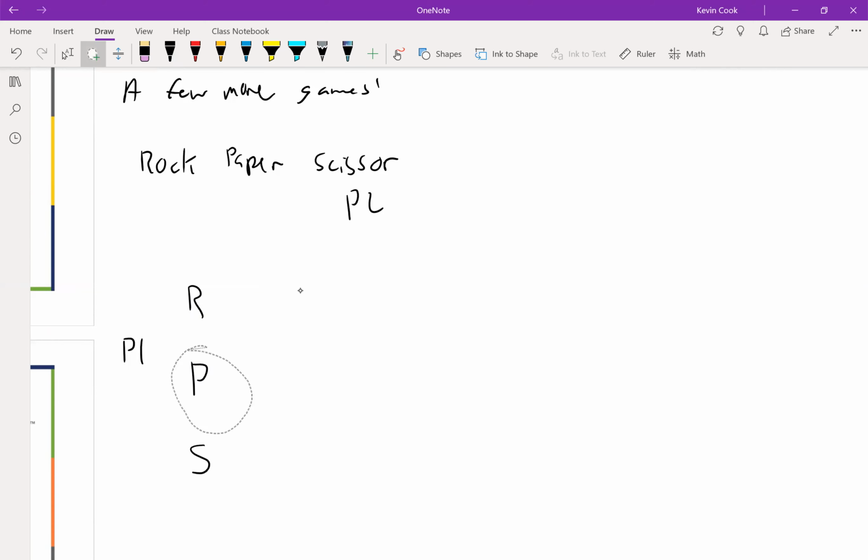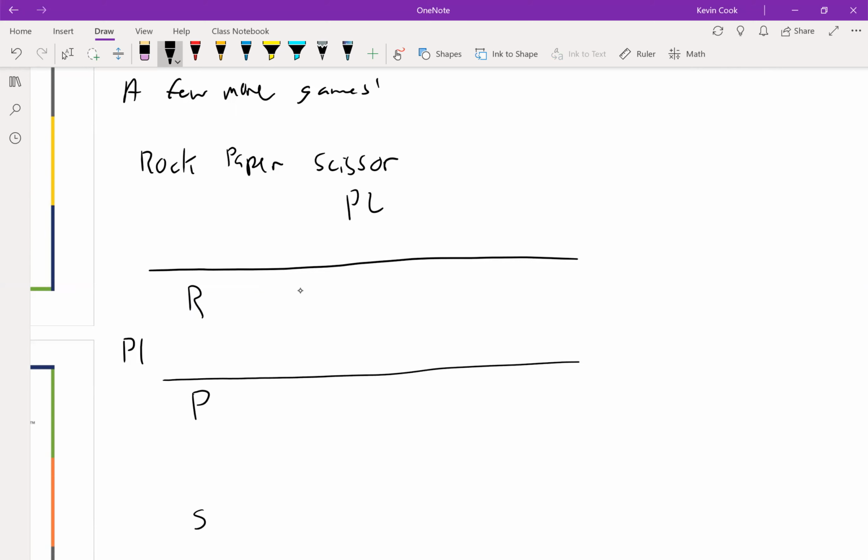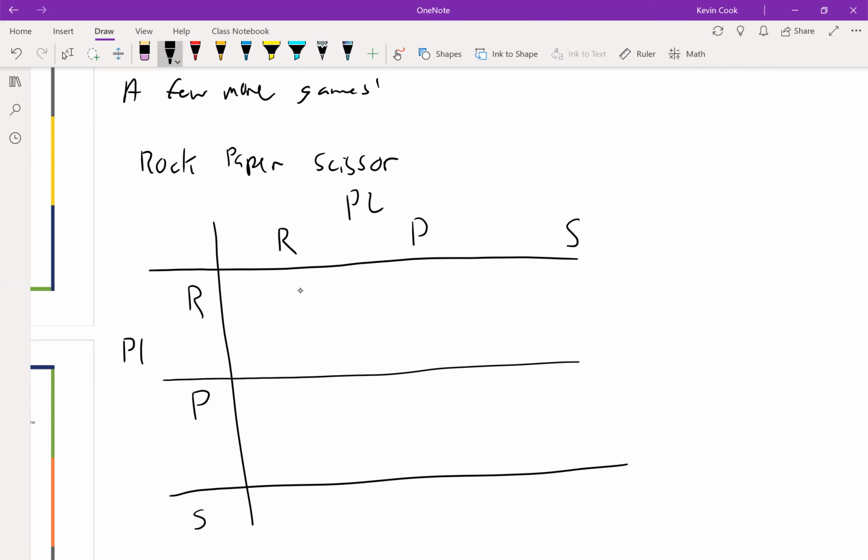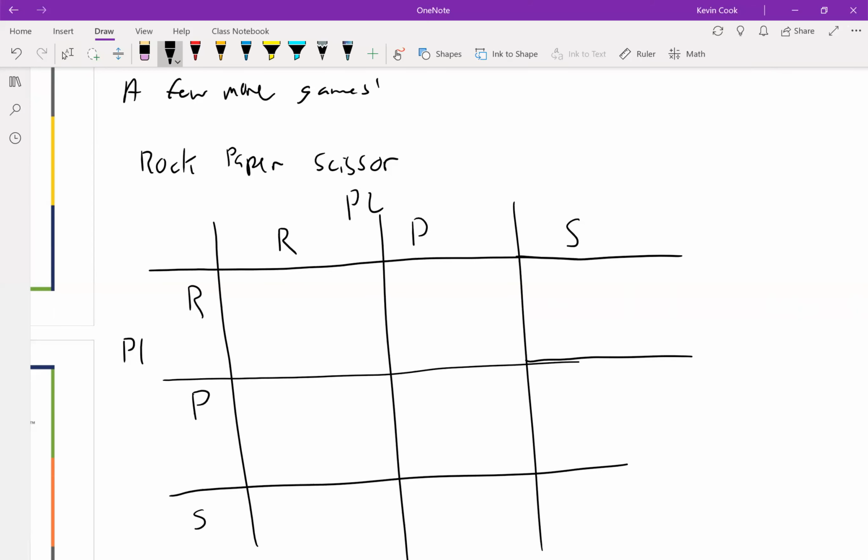I'm going to give a little bit more space because it works out nice. So we have rock, paper, and scissor, and player two also has the same choices to make. They can pick either rock, paper, or scissor.